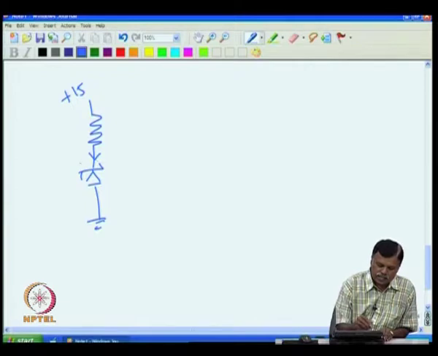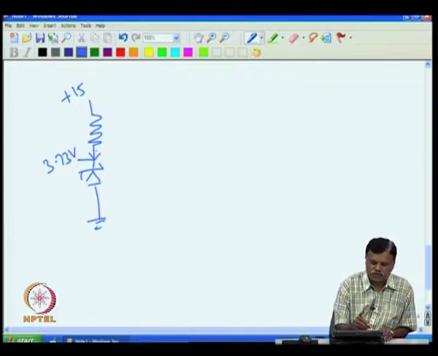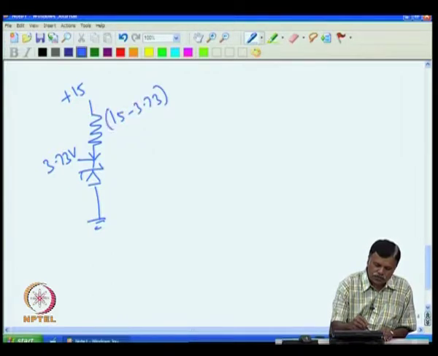I know at 100 degree C this point will be 3.73 volt, at 0 degree C it is 2.73. So, in the worst case at 100 degree C I will have 3.73, and then the voltage across this resistor will be 15 minus 3.73 volt, that is the worst case voltage that will be seen across this resistance.